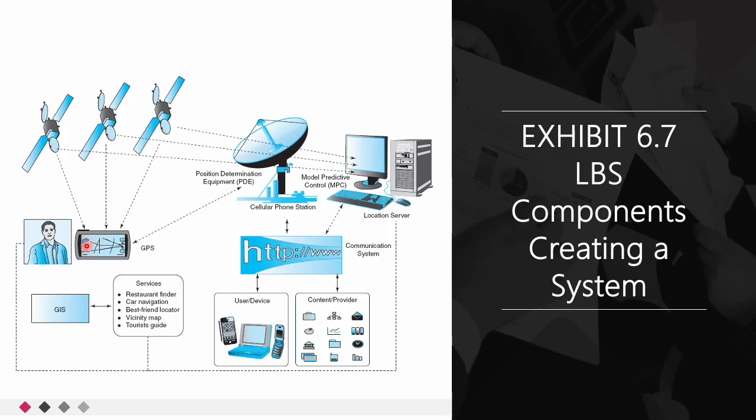Then that location information travels through the mobile network and gets processed by the servers using smart software. These servers connect with the GIS, the geographic information system, to match your location with useful data, like nearby restaurants, tourist spots, or even your friend's location.